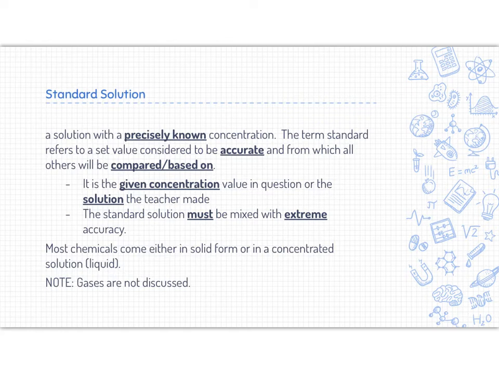The standard solution must be mixed with extreme accuracy. Most chemicals come in either a solid or a concentrated form, so we need to make solutions from a solid or a concentrated form. Note that we are not going to make solutions from gases.